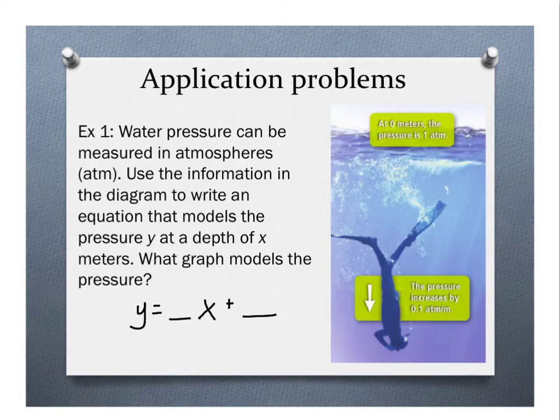So that is basically saying that if x is 0, y is 1. That to me looks like a y-intercept. That's the number that goes in the y-intercept spot, 1. And what's the rate of change of that pressure? Well, the rate of change of that pressure is 1/10 of an atmosphere per meter. And rate of change is the same thing as slope. So there we go. There's our equation. Y equals 1/10 x plus 1. And on the next slide, we're going to graph it.